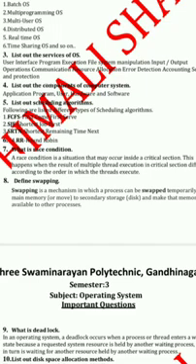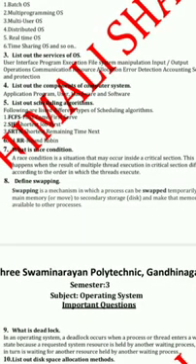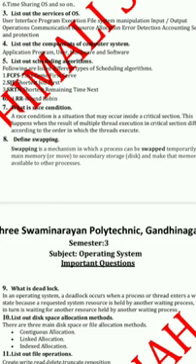So race condition is a situation that may occur inside the critical section. This happens when the result of the multiple process execution in the critical section differs according to the order in which the processes execute.